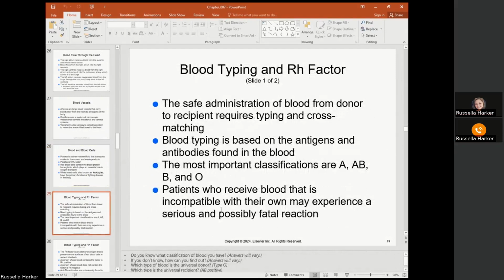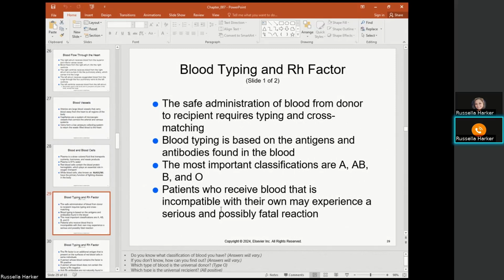This slide goes over blood typing and the RH factor. So for a safe administration of blood from donor to recipient, it requires typing and cross-matching. They need to know what type of blood you have as a donor and what type of blood the recipient has. They have to do blood typing based on the antigens and antibodies found in the blood.